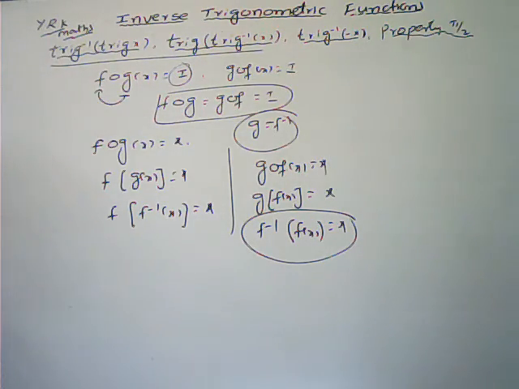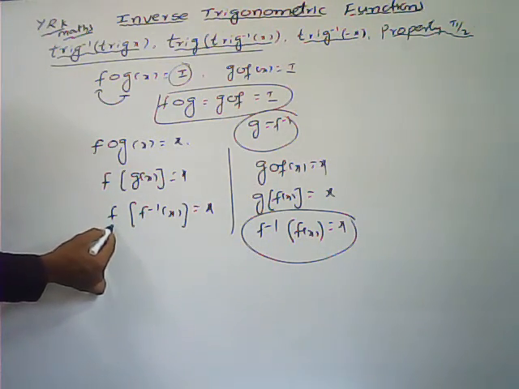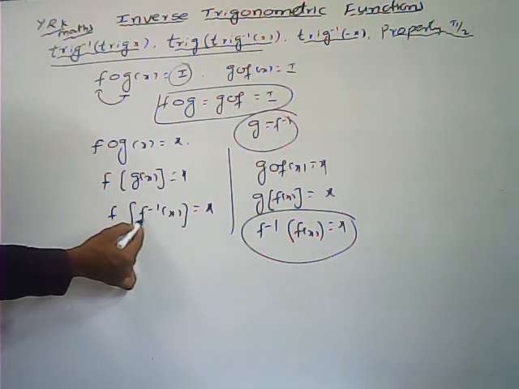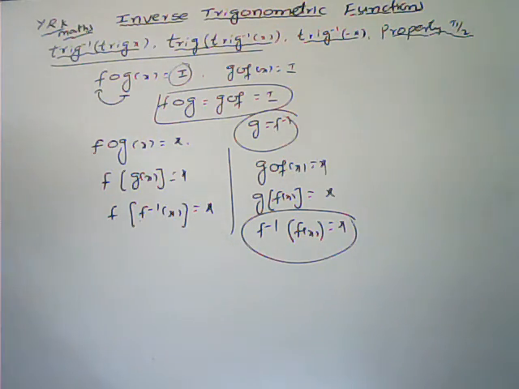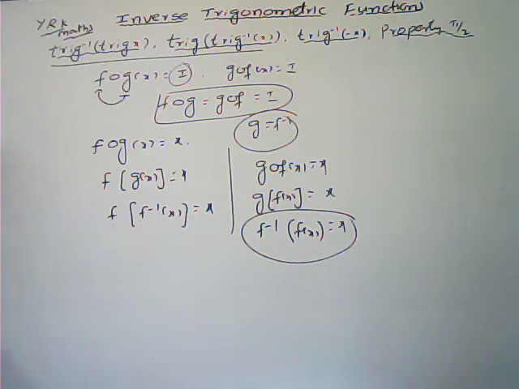Here every trigonometric function is bijective in its restricted domain. So here we can take any one of the trigonometric functions, and trigonometric of trigonometric inverse of x is equal to x, and trigonometric inverse of trigonometric of x we can also write as x. So these two properties we can write based on this concept only.